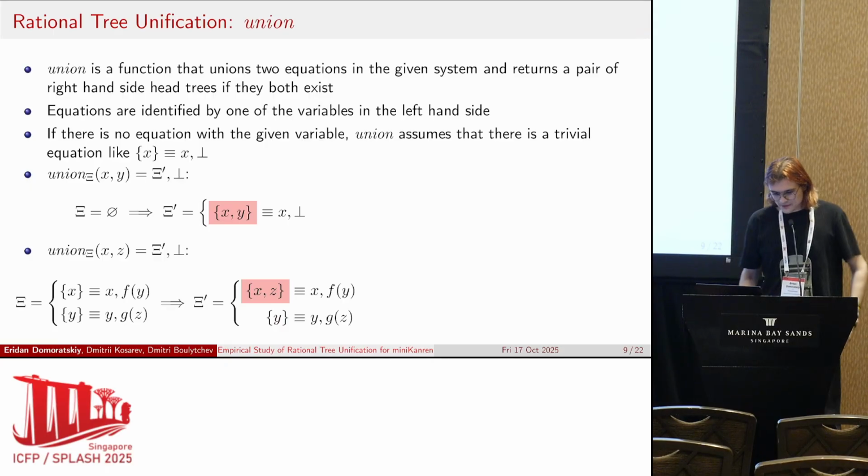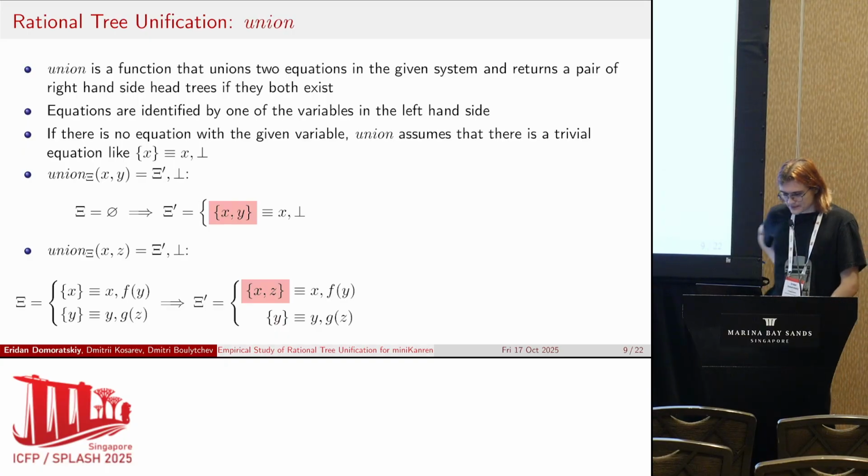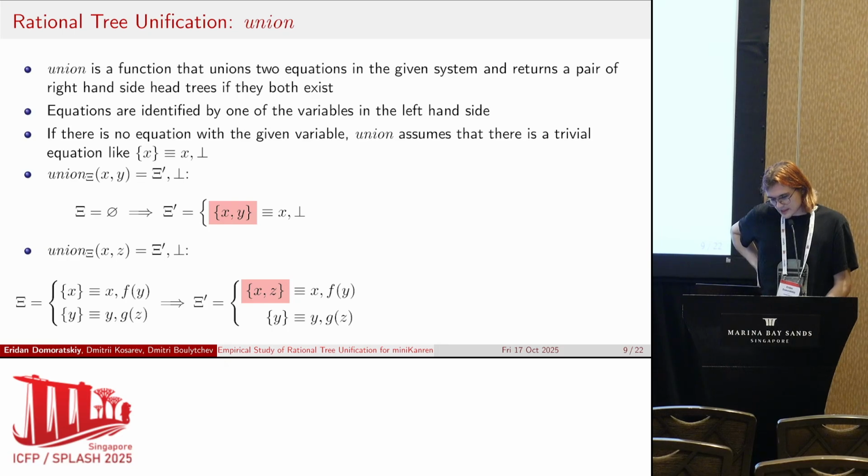Similarly, if we already have some different equations for x and y, here we union x with z. We just add z to the left-hand side of the existing equation of x.